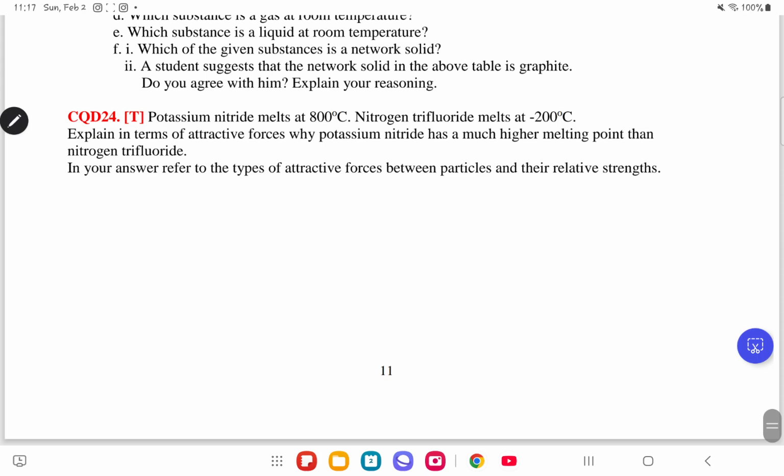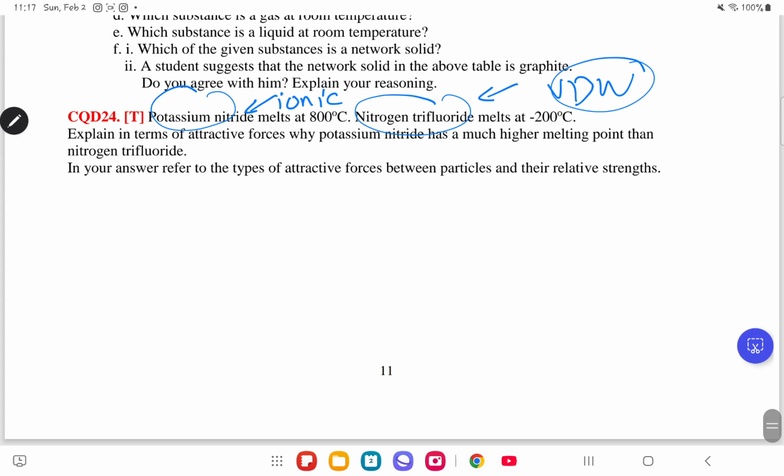Potassium nitride melts at 800 degrees Celsius, whereas nitrogen trifluoride melts at minus 200 degrees Celsius. Explain in terms of attractive forces why potassium nitride has a much higher melting point than nitrogen trifluoride. Very simply, because potassium nitride has ionic bonding in it, whereas nitrogen trifluoride has van der Waals forces.